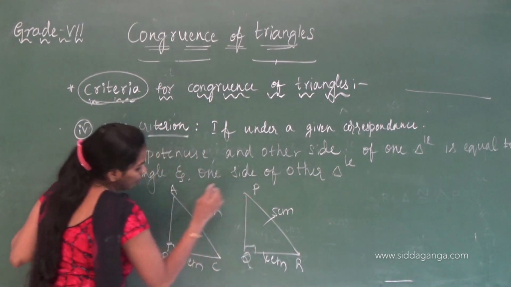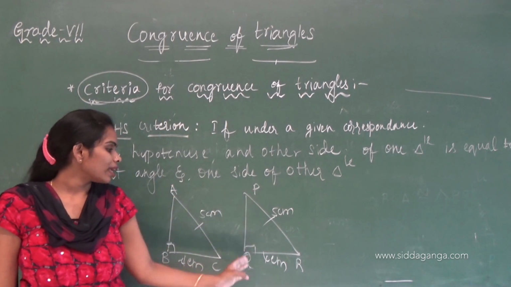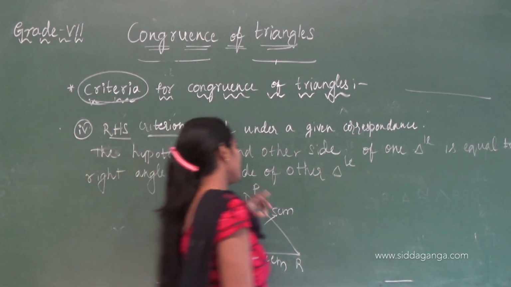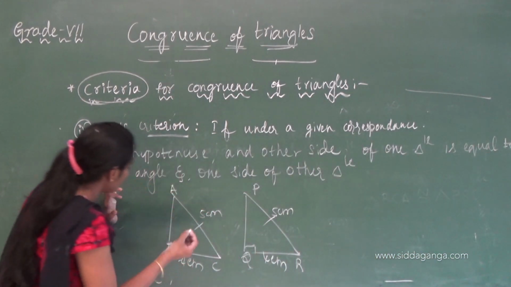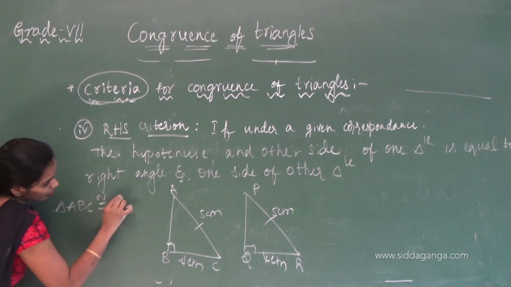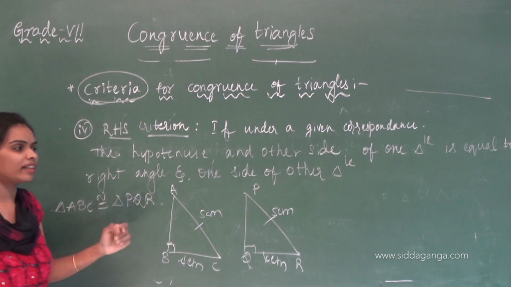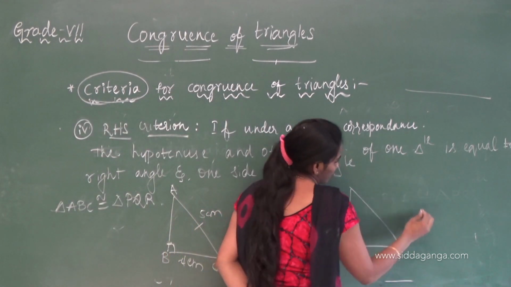We can tell triangle ABC is congruent with triangle PQR. It is in the same order, that's why you can tell these two are equal in the same order. Triangle ABC is corresponding with triangle PQR. If the triangles are like this, you have to tell me directly as soon as you see.